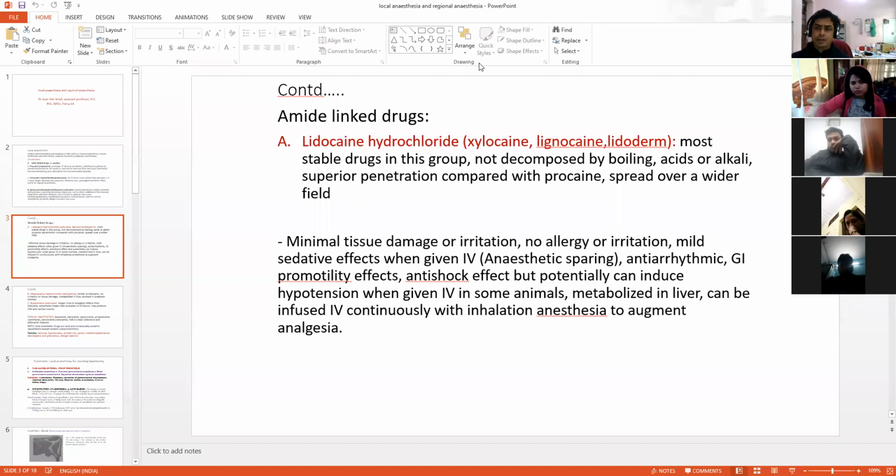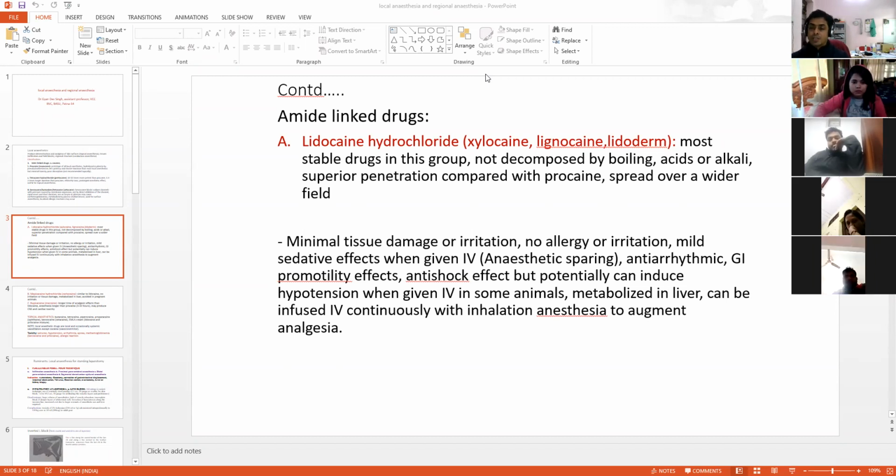It is sometimes used as an anti-arrhythmic drug, and it also has GI prokinetic effects. It is also used for the treatment of shock, and sometimes it can induce hypotension when given by the intravenous route. It is metabolized in the liver and can be infused IV continuously with inhalant anesthesia to augment analgesia.